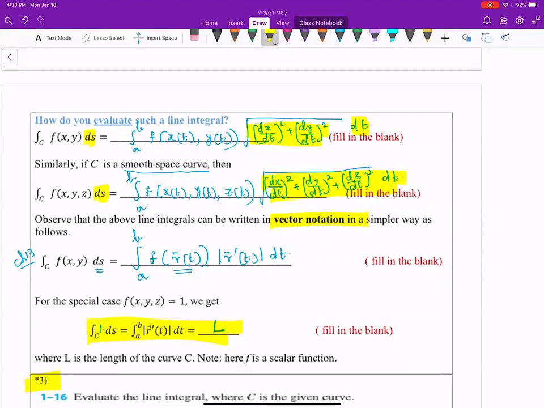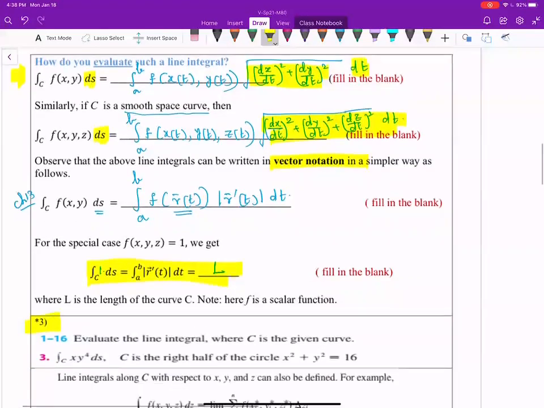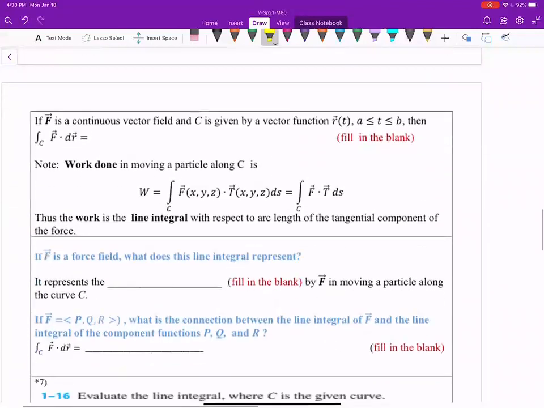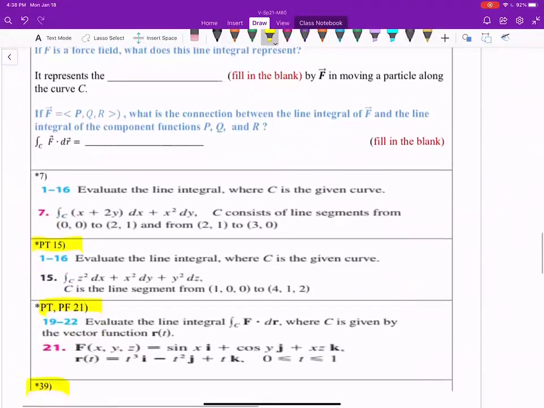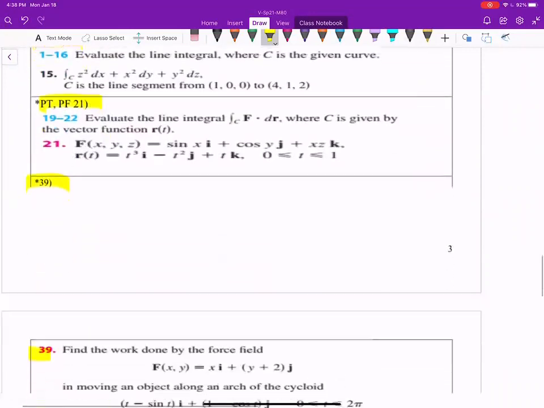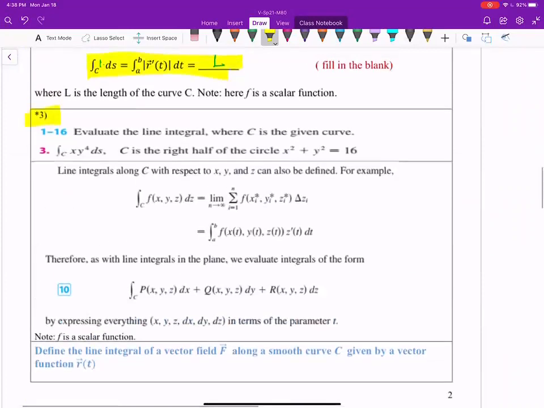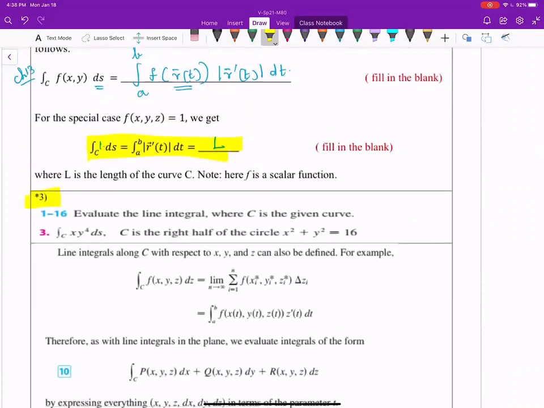This part, how to evaluate a line integral for a scalar function, the formula for 2 dimensions and 3 dimensions, and how you go from the line integral definition to the arc length, you need to know this paragraph. Problem number 3 and a few other problems are done in the section videos. Problems 15, 21, 39 are all done in the videos for the section. Please refer to them.